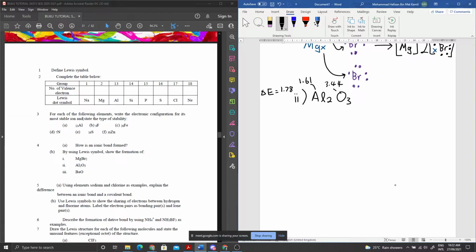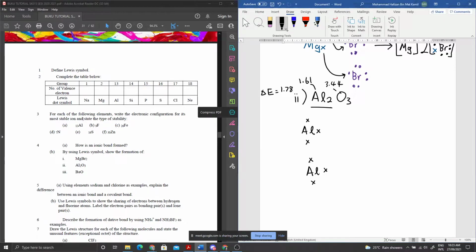So, for Al2O3, aluminium is group 13, so aluminium will have 3 valence electrons. And how many aluminium do you need to draw? Look, there are 2 aluminium, so you draw 2.